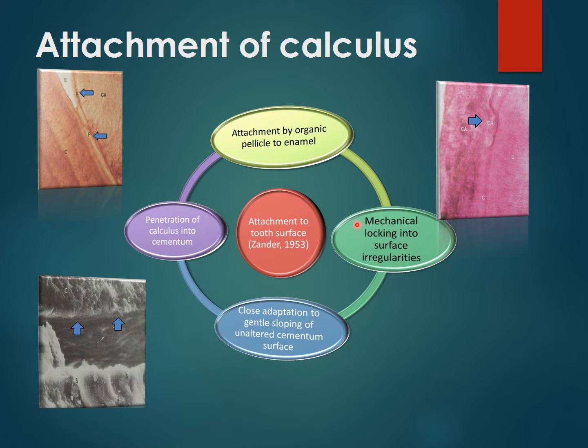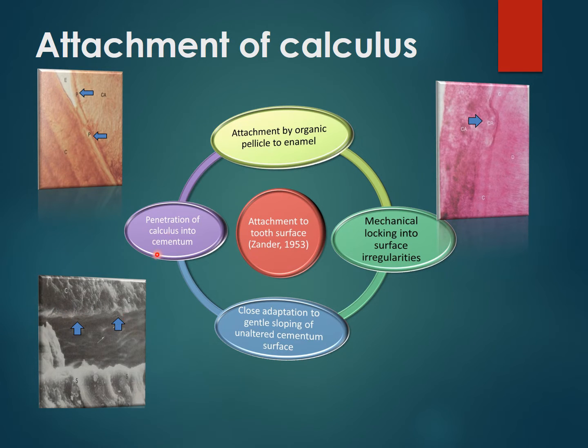You can see the mechanical locking into the surface irregularities. These are the surface irregularities created on the surface of cementum, and the calculus will attach to that. There will also be close adaptation to the gentle sloping of unaltered cementum surface, and penetration of calculus into the cementum. In the areas where it is attached to the cementum, it can penetrate into the cementum also.